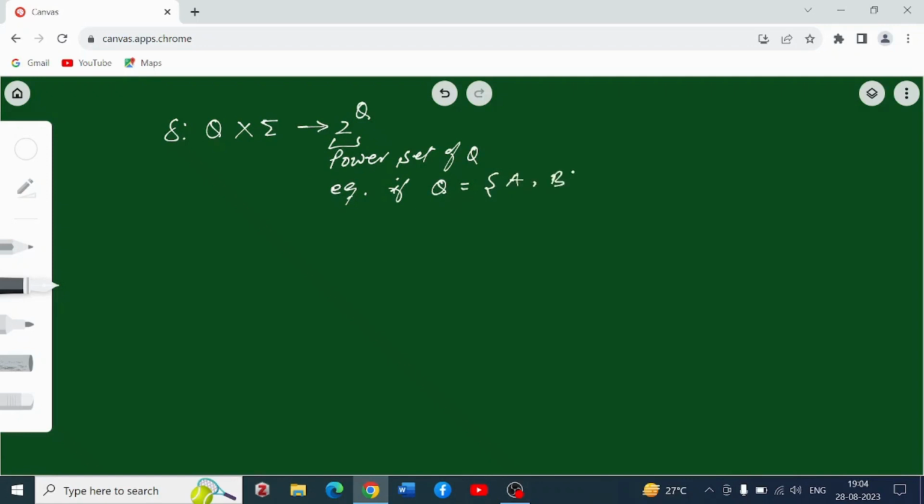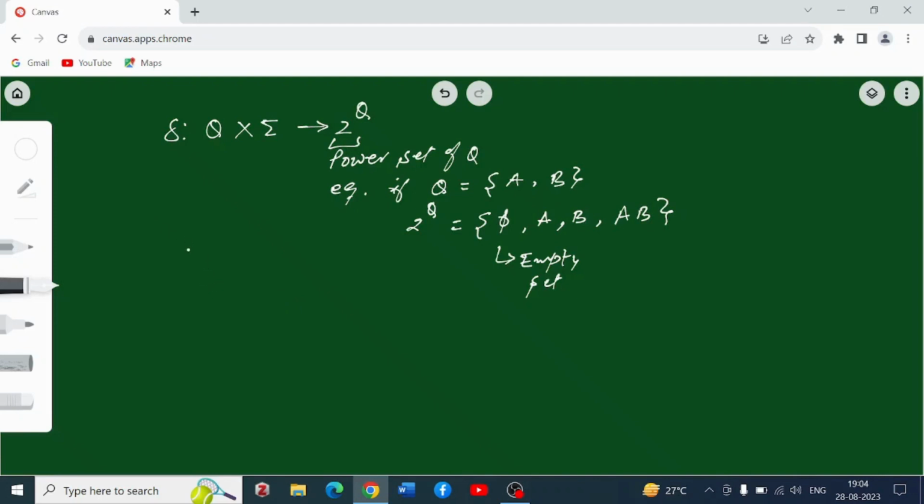Let's explain the transition function of NFA, which is Q cross input alphabet to 2 raised to power Q, where 2 raised to power Q is the power set of Q. For example, if the set of states in this NFA are A and B, then the power set, which is the set of all subsets including the empty set and the set itself, would be the empty set phi, A itself, B, and then AB.